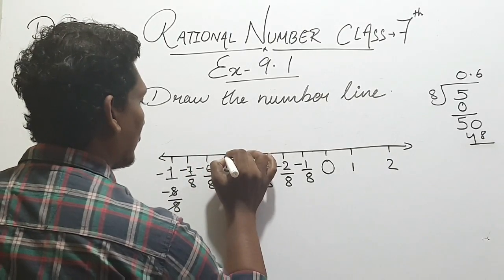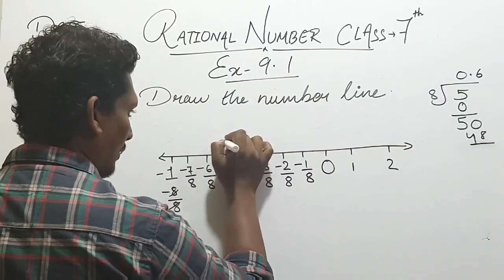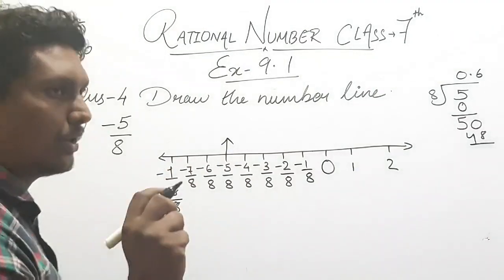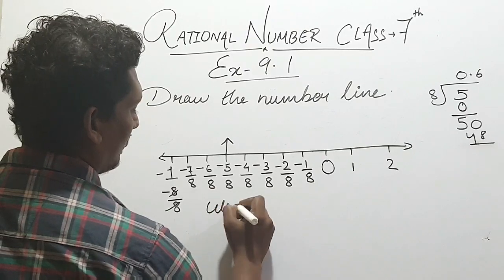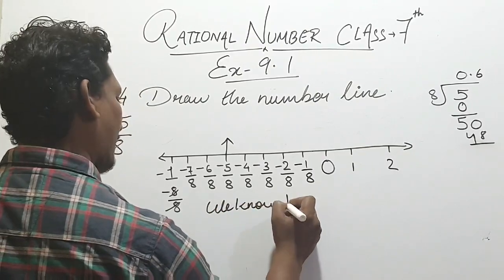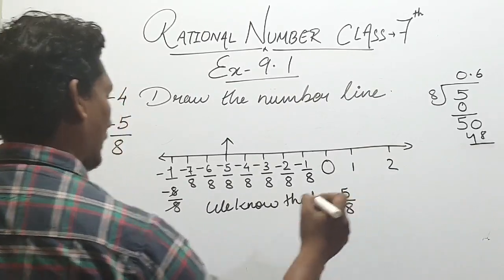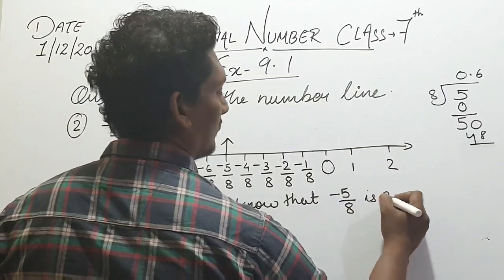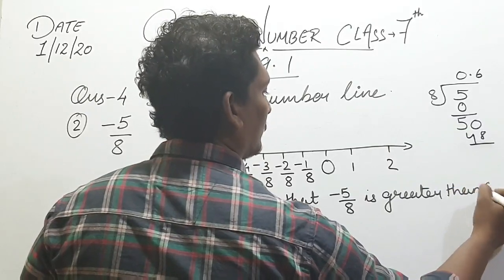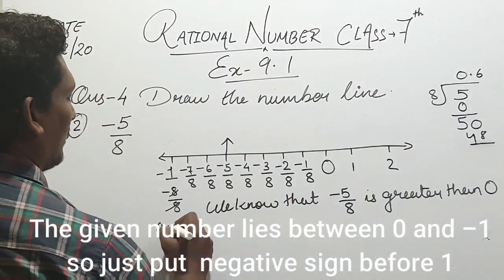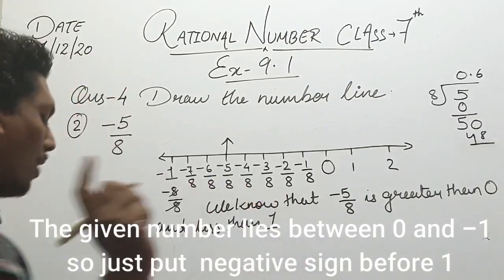And here the number is. You can put one straight arrow, or you can put a big dot for marking. And the statement we know is that -5 by 8 is greater than -1 and less than 0.